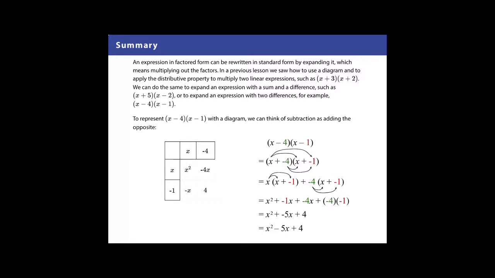And so, looking over here, to do x minus 4 times x minus 1 using the distributive property, you take your x times each term, and then your negative 4 times each term. And then again, this is just showing what you just did in this step before, taking each term times the other, and then multiplying everything out here, and then this is just putting like factors together, and this would be your answer.